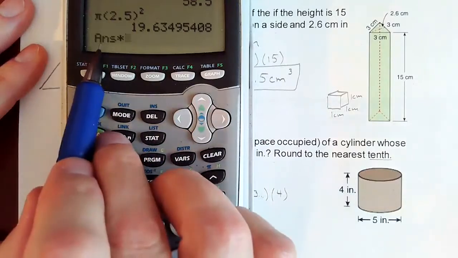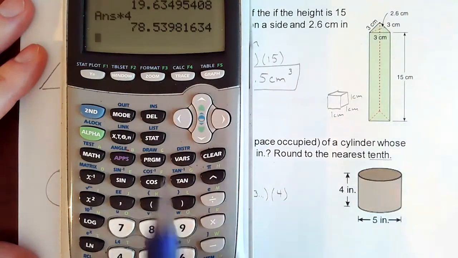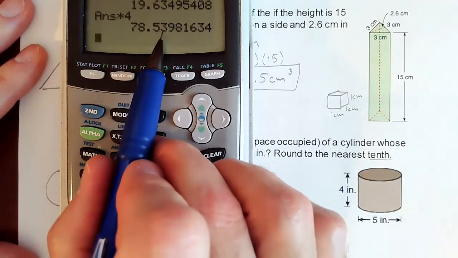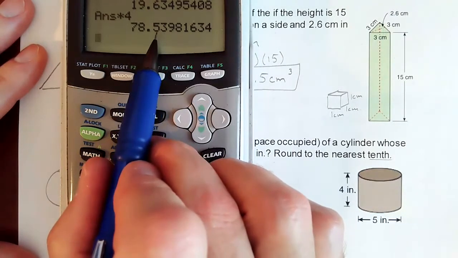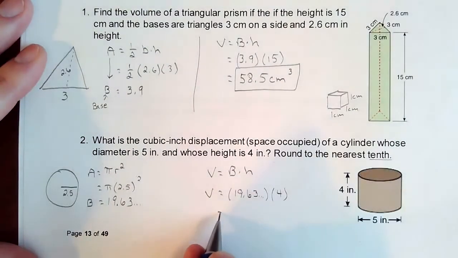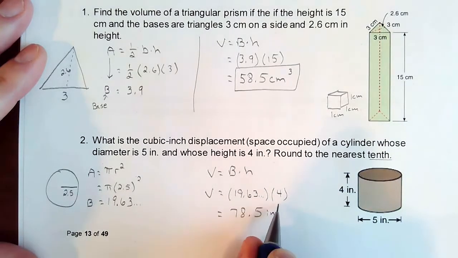You notice it'll take the previous answer times 4. And there it is. So now I'll round it to the nearest 10th, so it can be as accurate as possible. So that 3 doesn't do anything to the 5. So we're looking at 78.5 inches cubed.